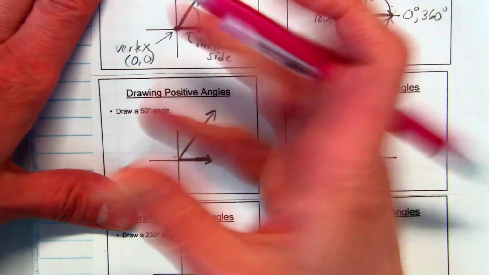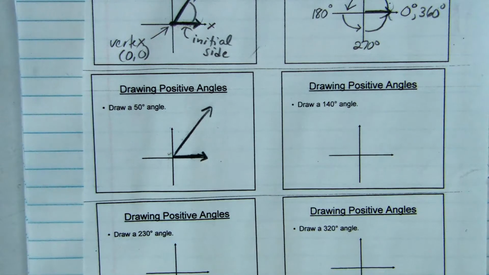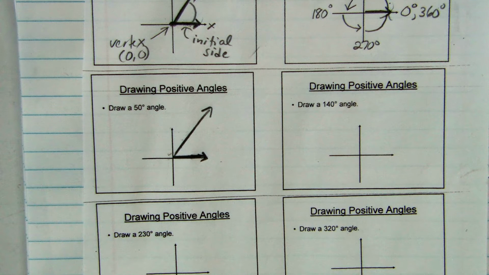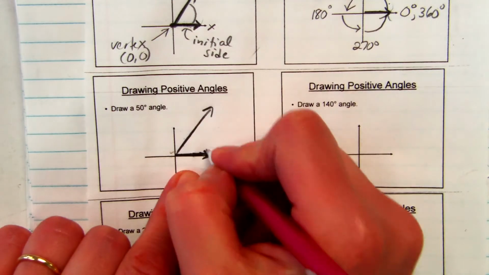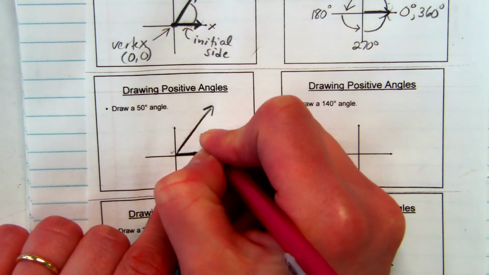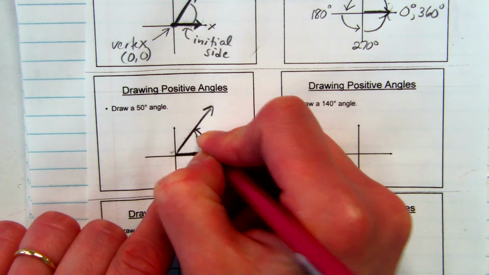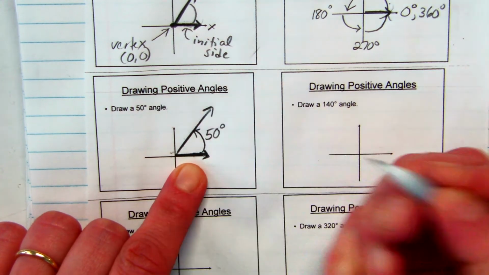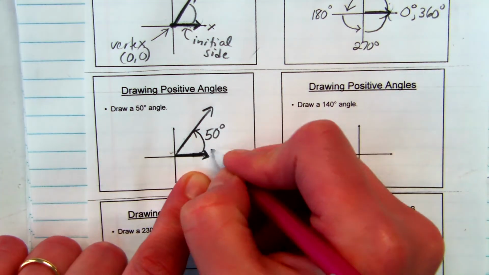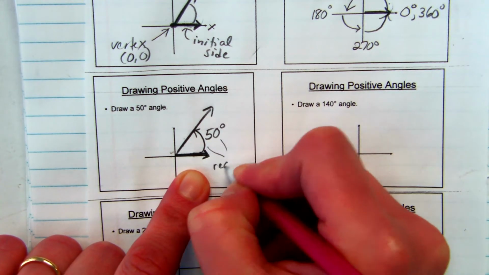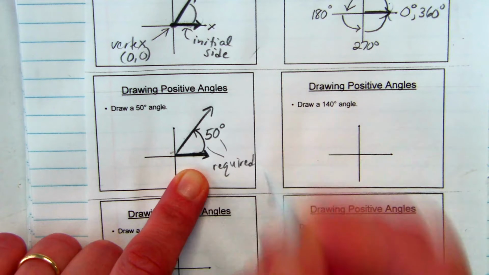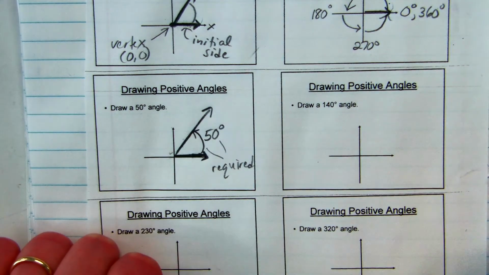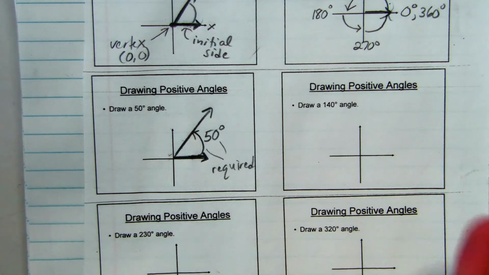So this is 50 degrees, and one of the requirements when we are graphing angles is that you put this little arc this way, showing that we started at 0, we ended there, and you have to label it with 50 degrees. So this stuff right here is required. Instead of just drawing a random angle, we're putting it in a specific place.